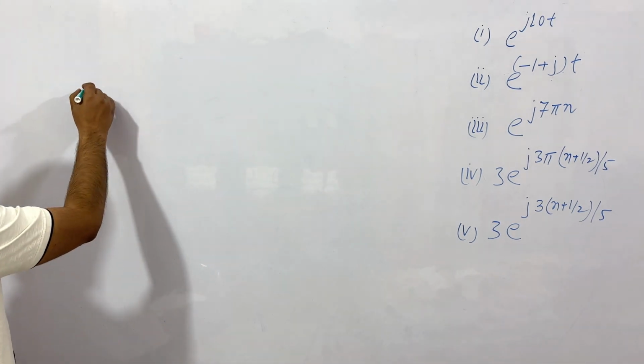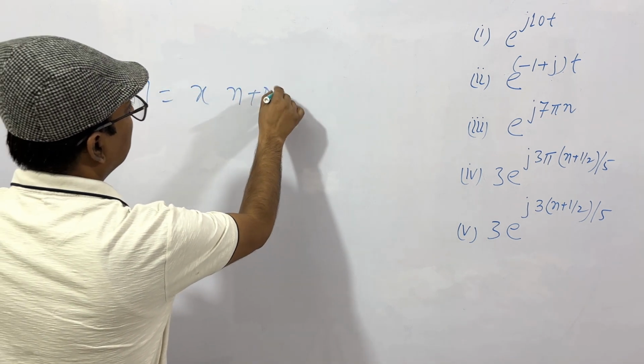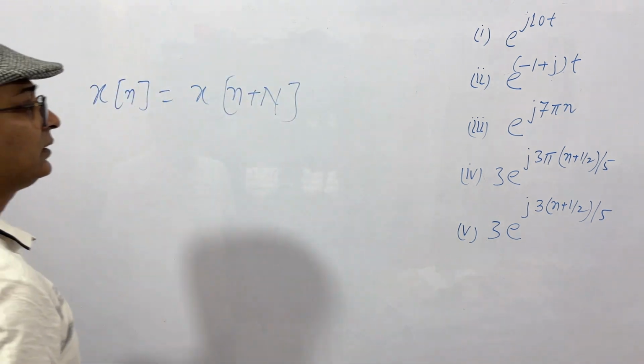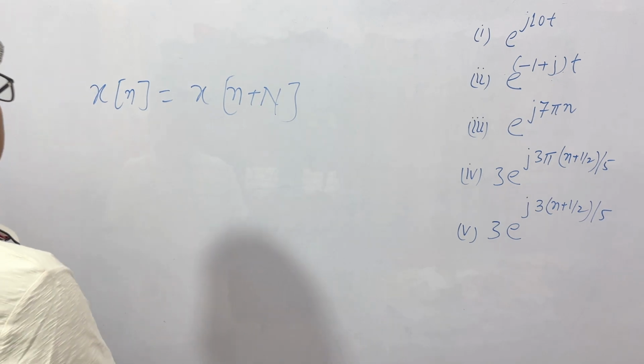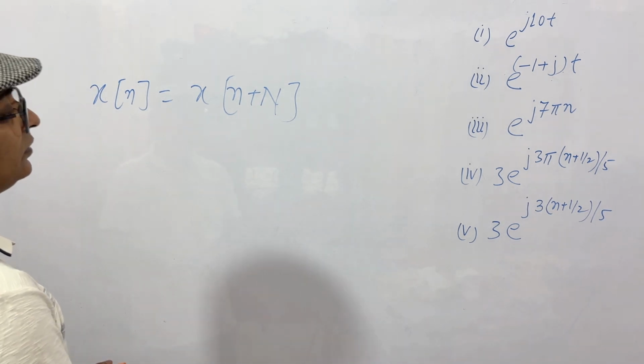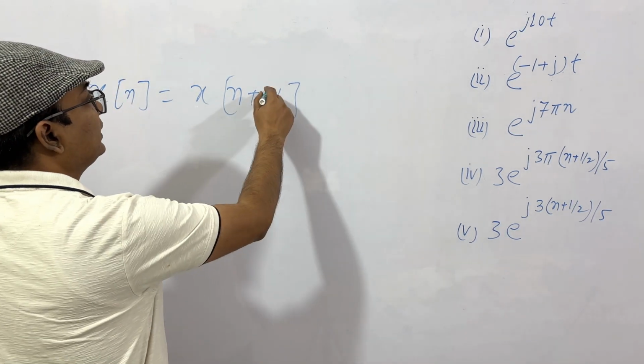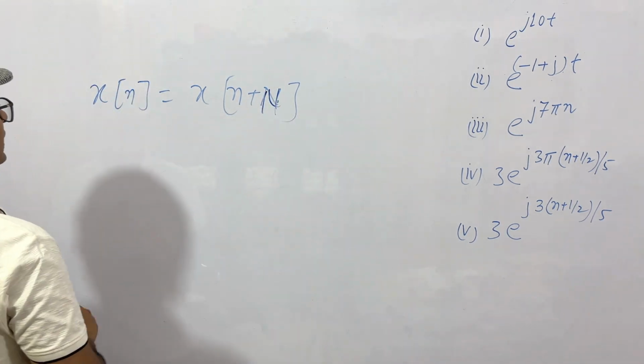In case of discrete time signals, this is the condition. If x[n] is equal to x[n plus capital N], then we say that capital N is the time period, and the lowest value will give the fundamental period.